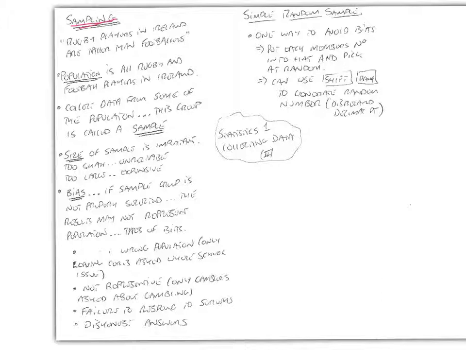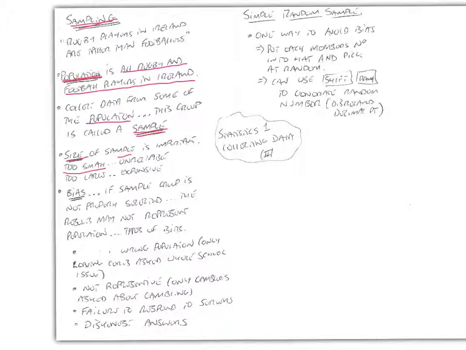Okay. Well, the first thing to note is that population is the term used to describe all the rugby and football players in Ireland. So that's all of them in Ireland. Okay. And we would seek to collect data from some of the population, and this group is called a sample group. And the size of this group, or the size of the sample, is important.